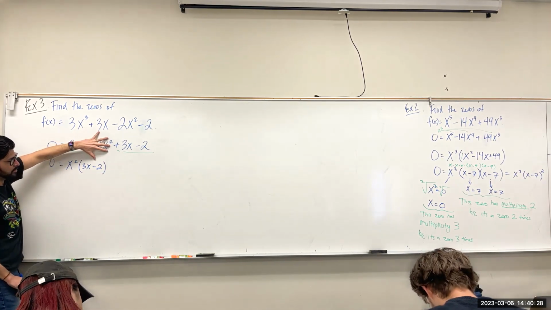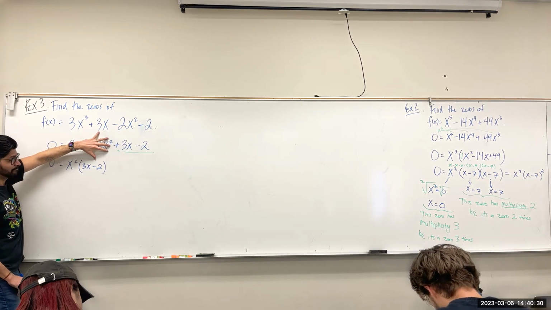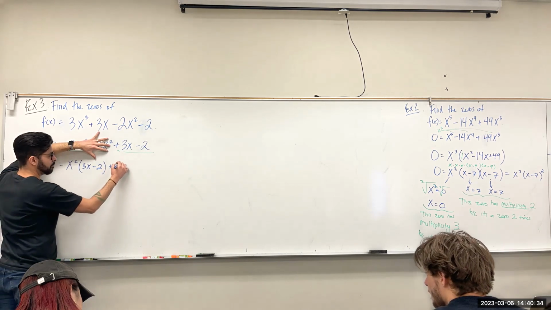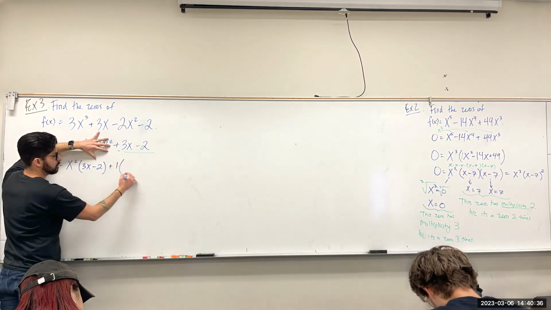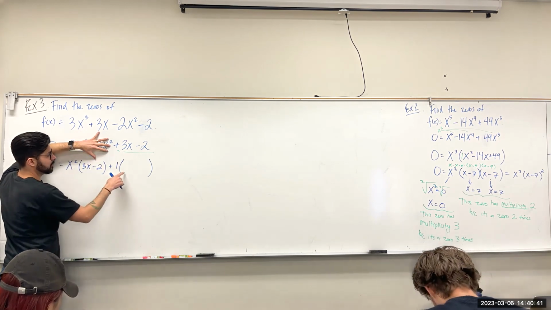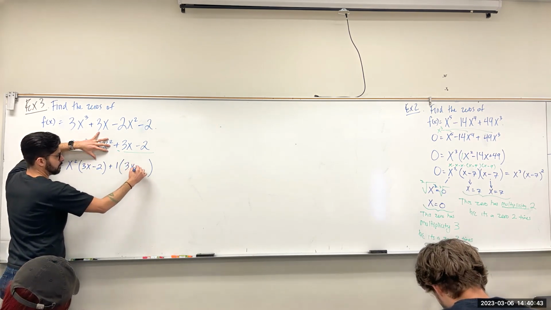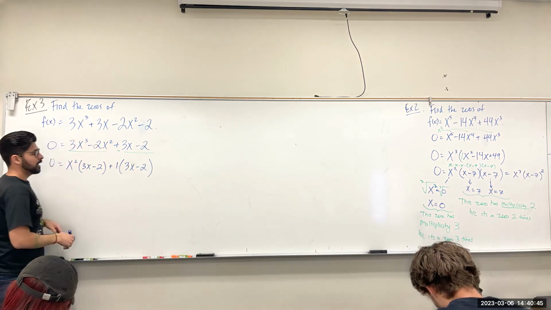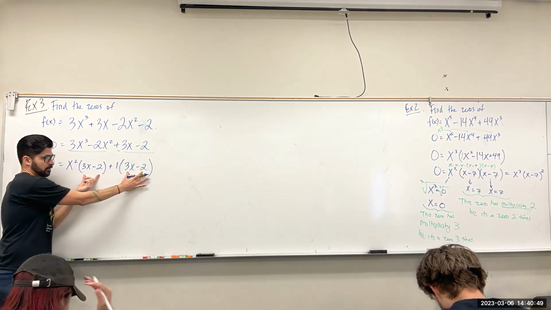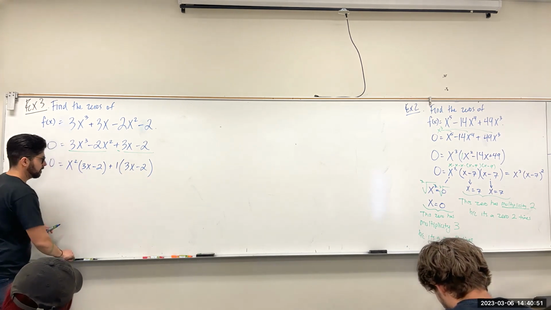Do they have anything in common? Only a positive one. So we'll write that positive one, and when I take out a 1, what's left is the same thing, 3x minus 2. And how do you know you're doing grouping correctly? If these look exactly the same, good.